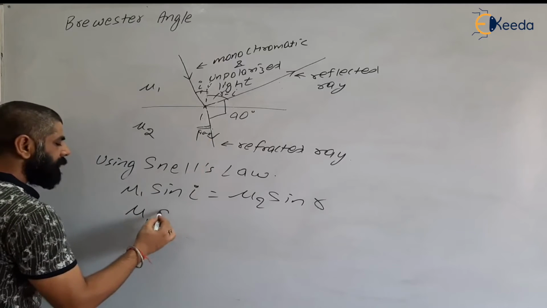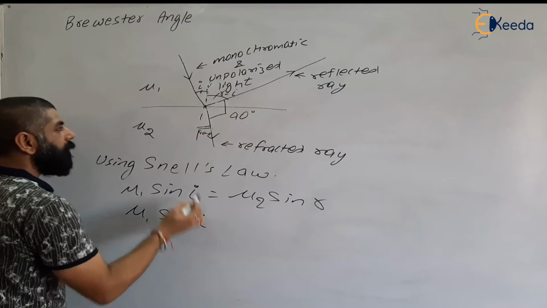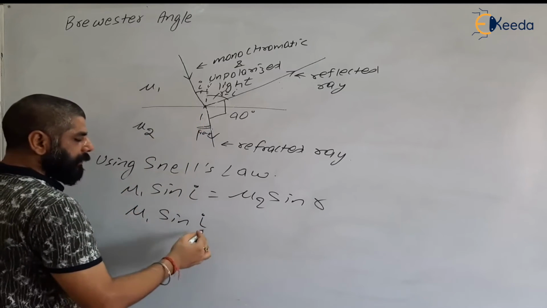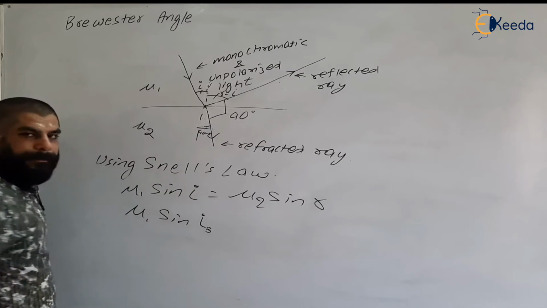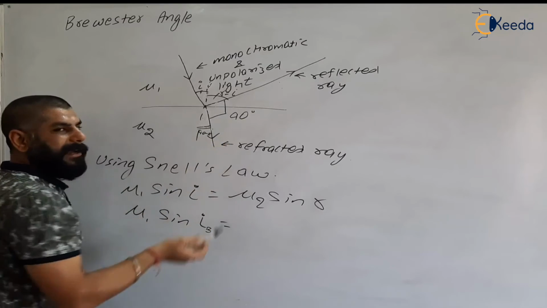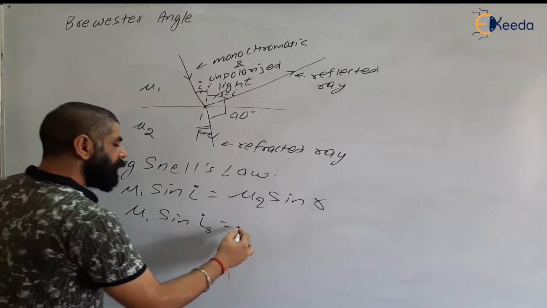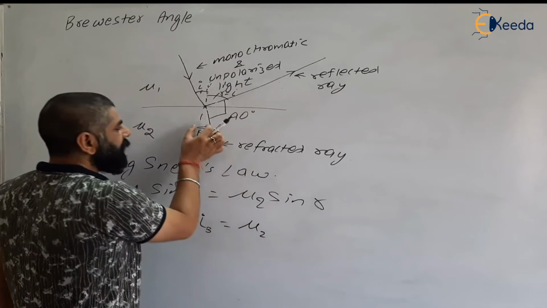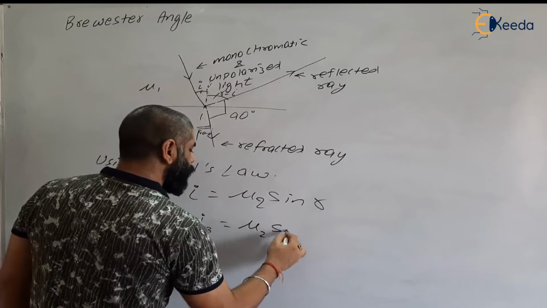Here I is the Brewster angle, denoted by IB, when the angle between the reflected and refracted ray is 90 degrees. So on the other side we have mu 2 and the sine of the refracted angle, sin(90 minus R).